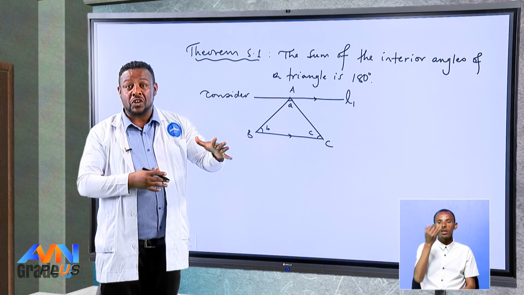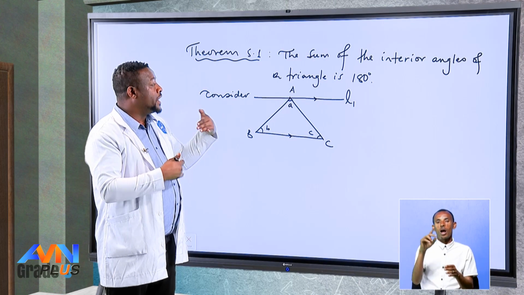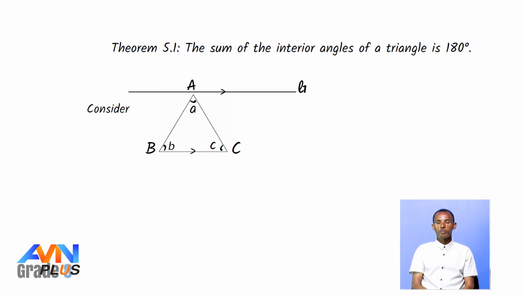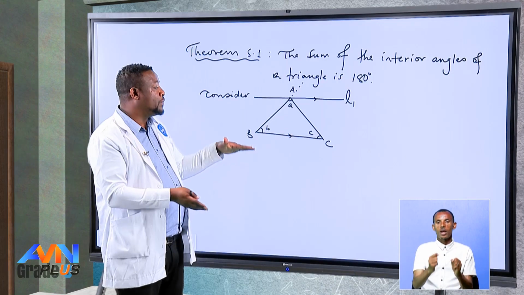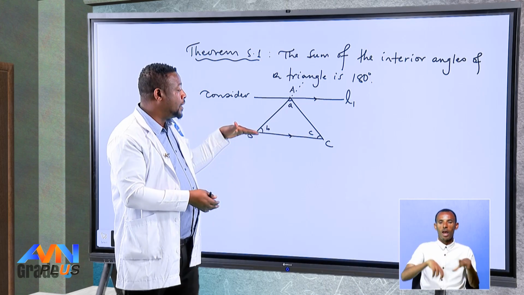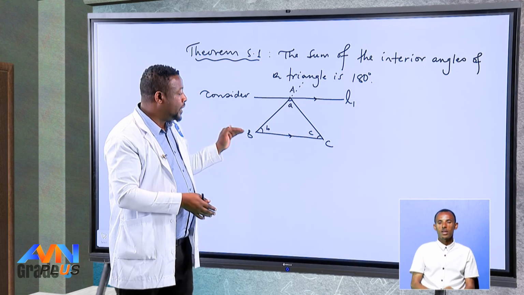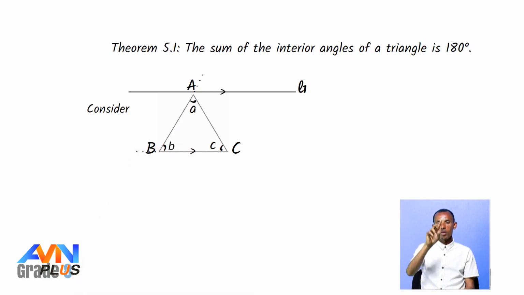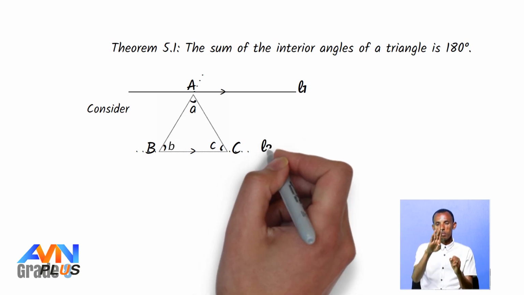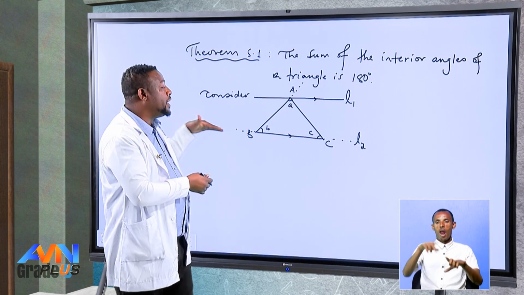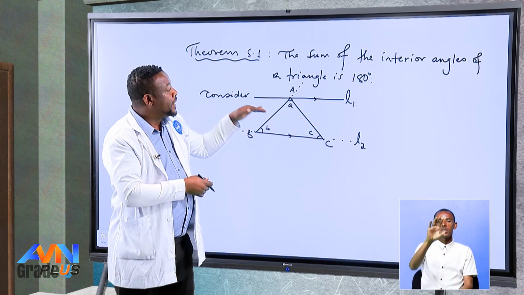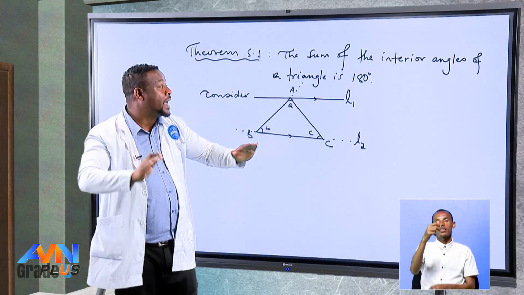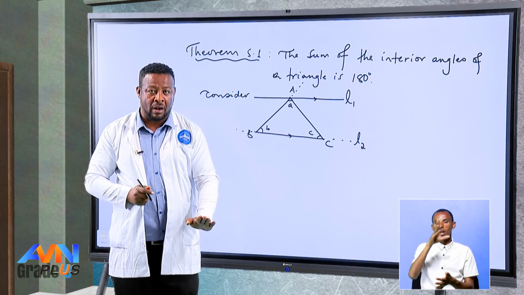If you extend BC, it can be a transversal for... say this is L2. L2 is a line containing BC, and L1 is a line passing through the vertex A. We are assuming that L1 and L2 are parallel.